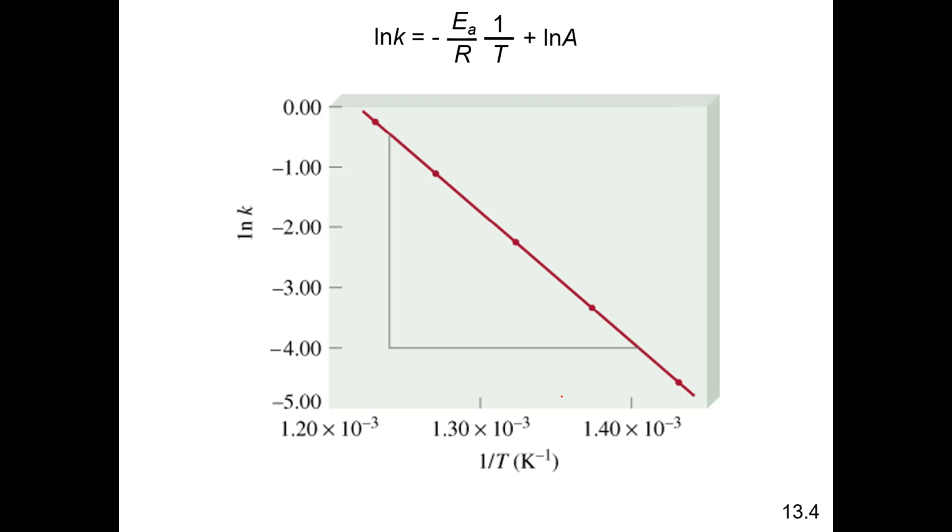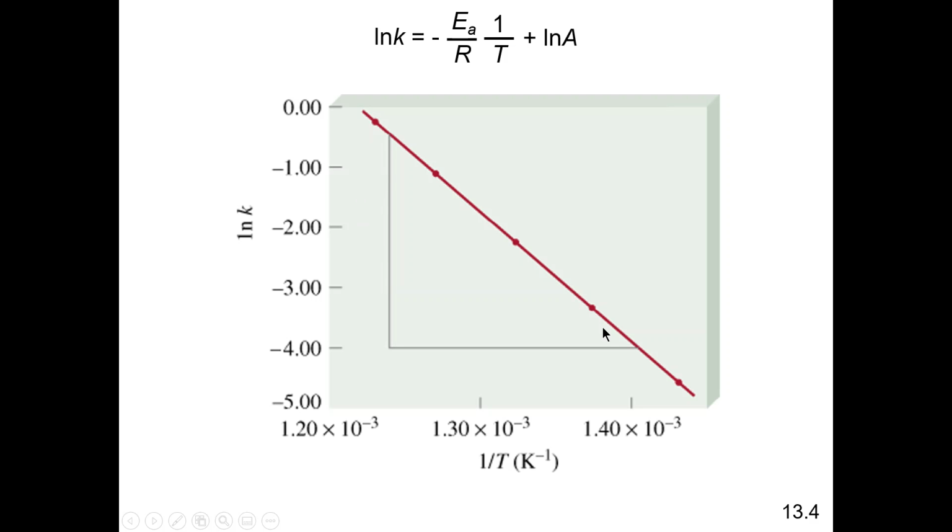As you can see, it has a negative slope, which is indicated in the equation where you have a negative sign, so it comes as no surprise that we have a negative slope.